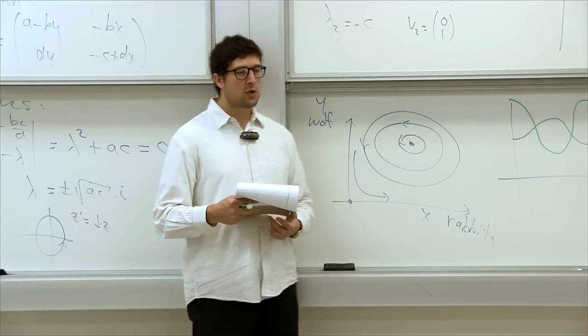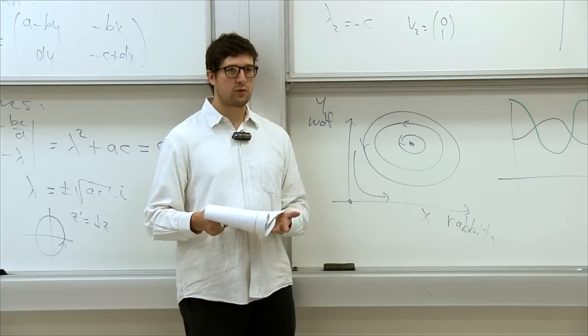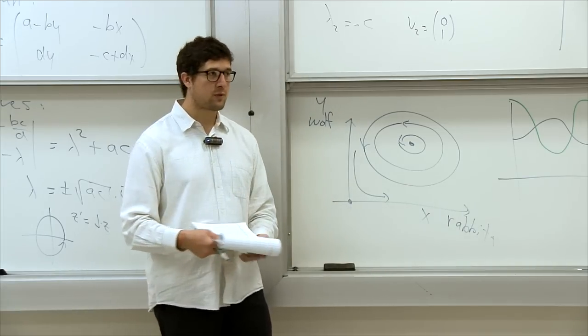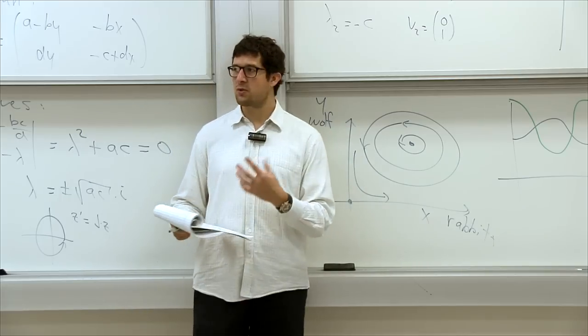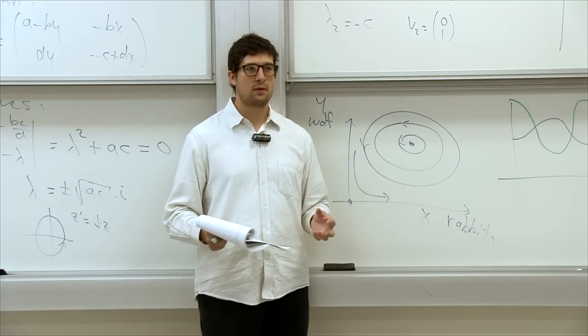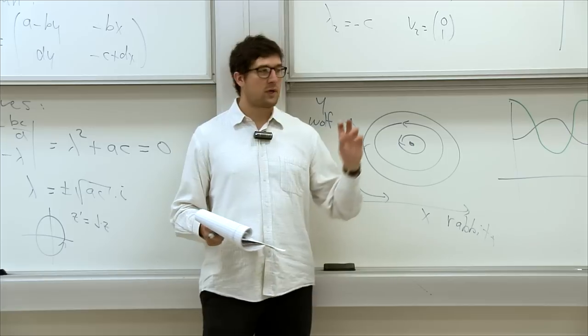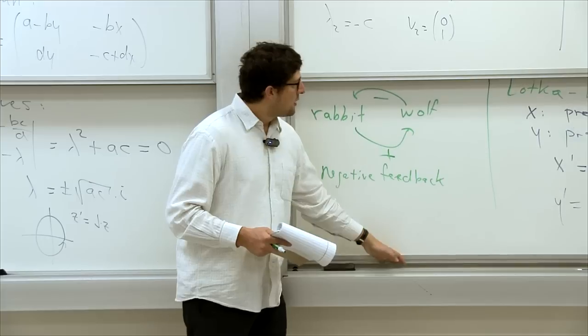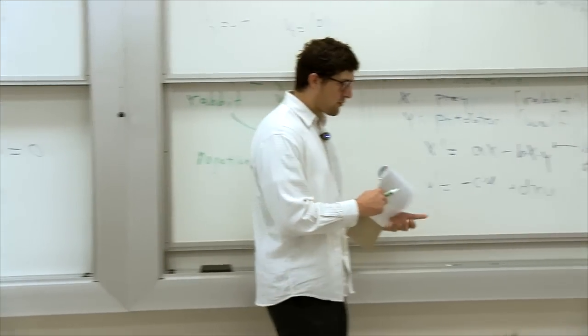So to show you that this model is actually too cute for its own good, and that it's not really all that realistic, and that there's serious problems with it, I'm going to make a small change to the model, and I'm going to show you that this whole thing, in a sense, breaks down. We're going to change one of the assumptions from before. It's this assumption right here.